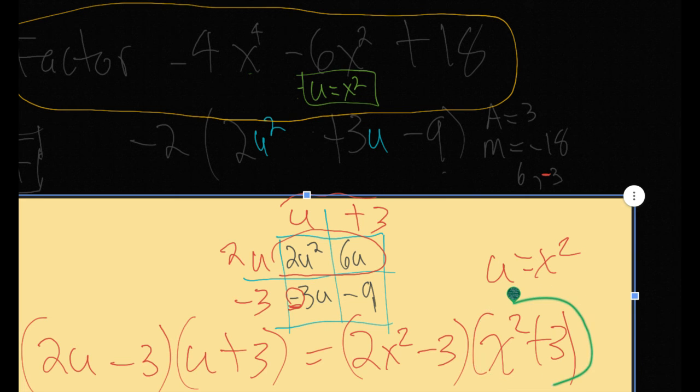Because I've got x squared, a parabola, but it's shifted up, so I don't get any x-intercepts for that. This one, on the other hand, I definitely would get x-intercepts. So this one I would just set 2x squared equal to 3. I'd add 3 on both sides, divide by 2, and square root, okay, to get my 2 x-intercepts. But this right here would be the factored form, okay?